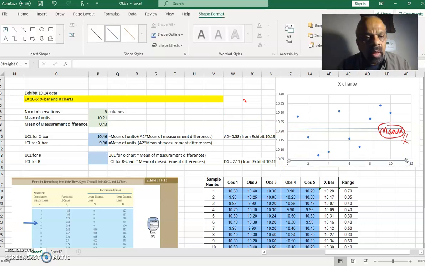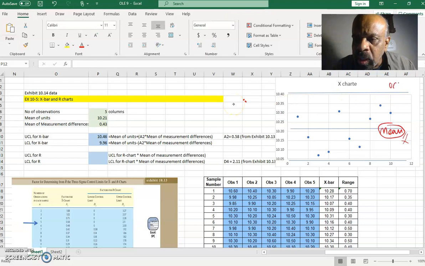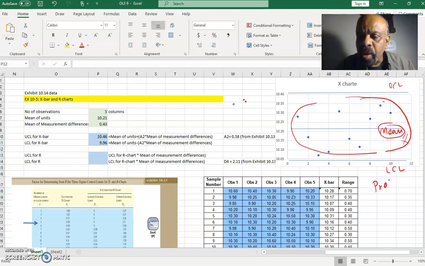And then I can draw another line, which is the upper one, which is 10.46, which is somewhere here. So this is my UCL and this is my LCL. All my data is within the UCL and LCL, so therefore the process is good.